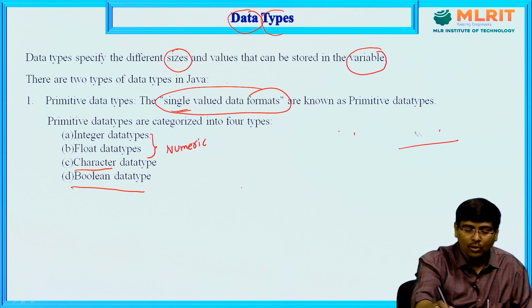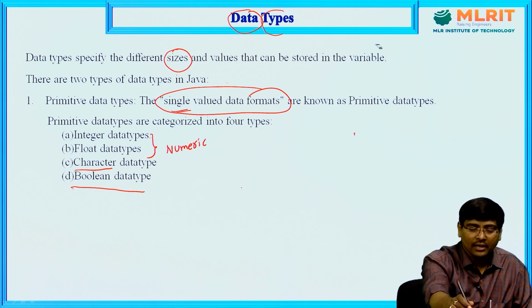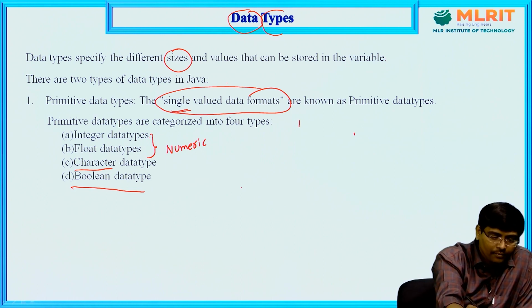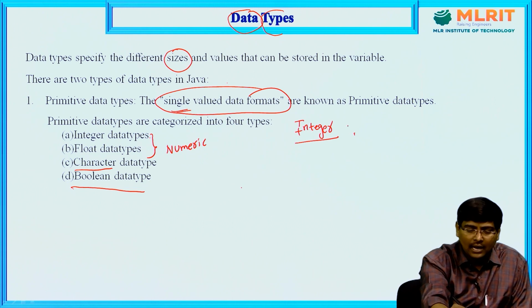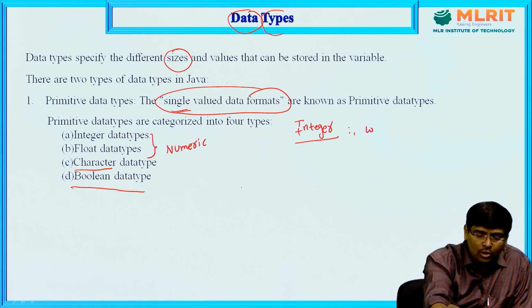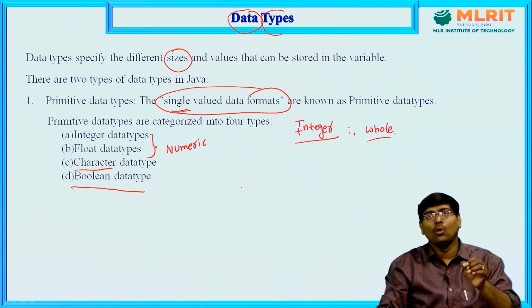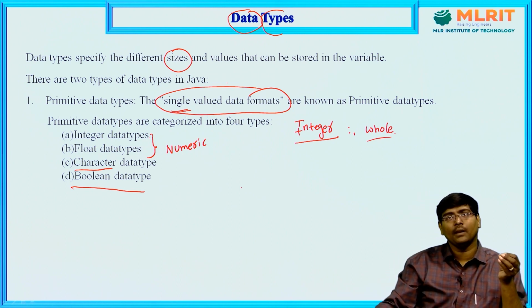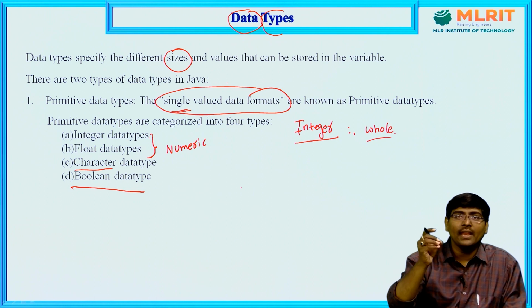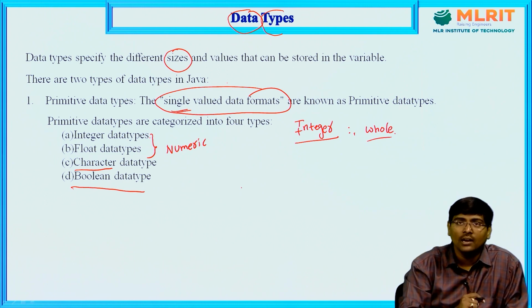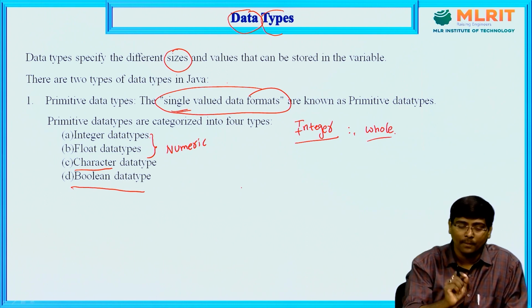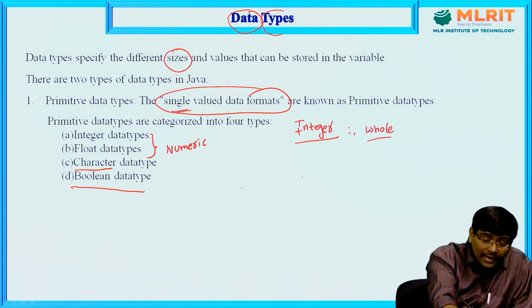First, coming to the integer data type. The integer data type is used to store whole numbers. What is meant by a whole number? A number without any decimal points is called an integer.